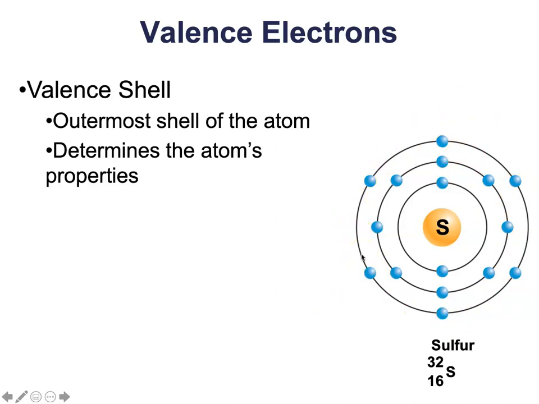When you have 2 hydrogen atoms bonding to an oxygen atom to form water, you don't have nuclei touching up against each other. Remember, we said that atoms are mostly outer space, or mostly empty space. This outermost shell is the only one who gets to make friends.